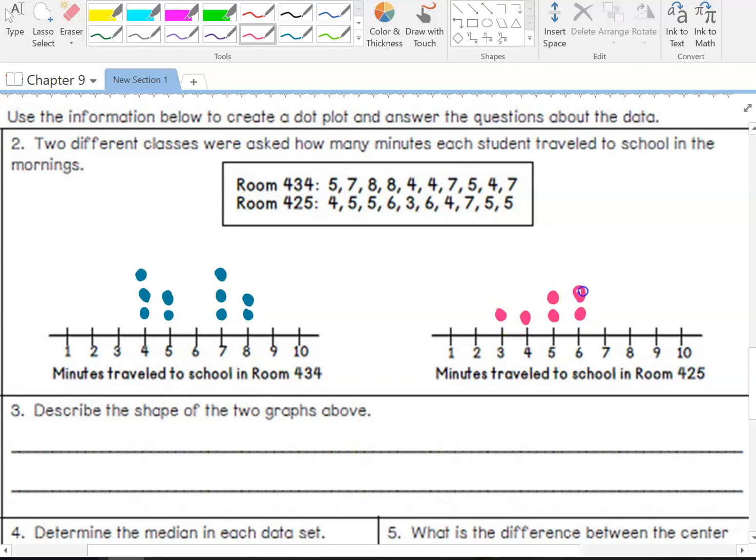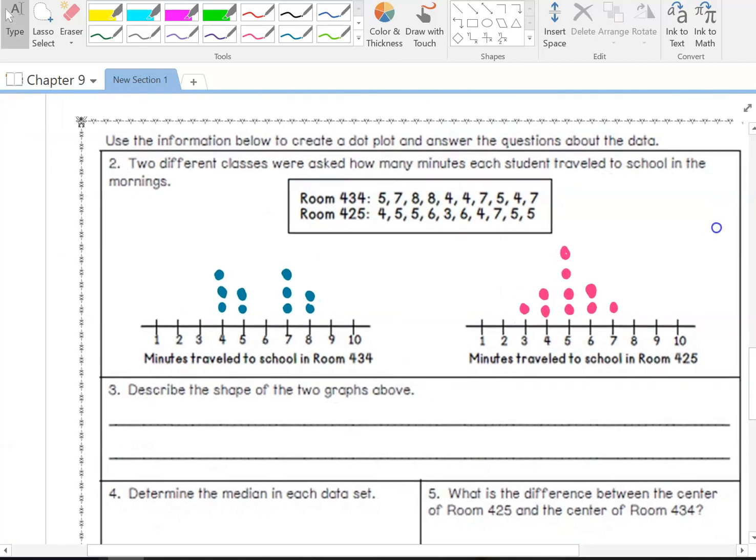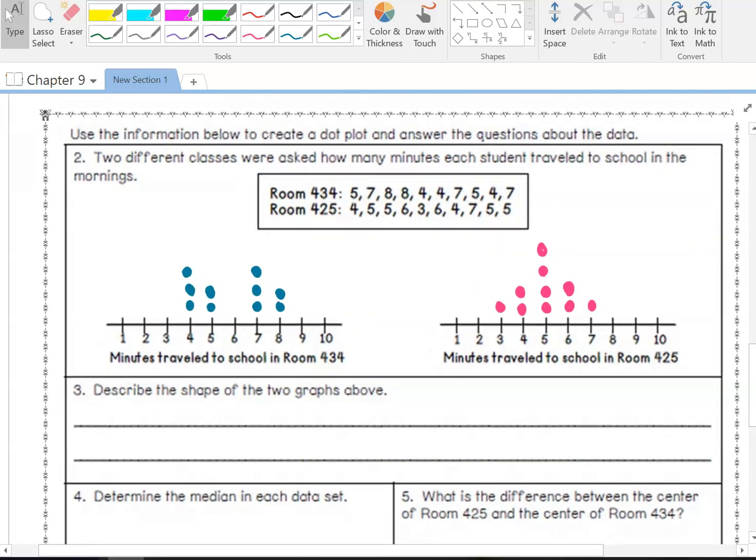And that's all a dot plot is: taking the data and putting the dots on there and then answering the questions. So it says describe the shape of the two graphs above. If you notice on 434, there's really no pattern.